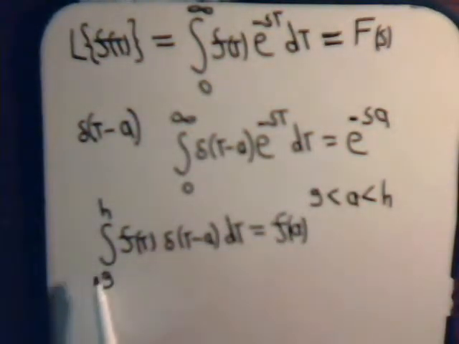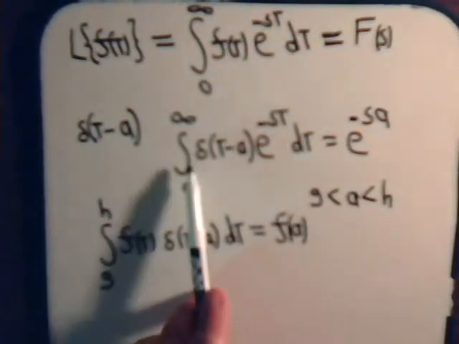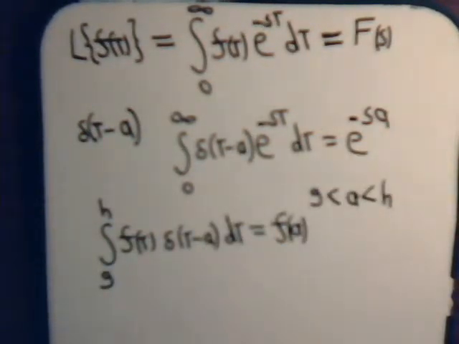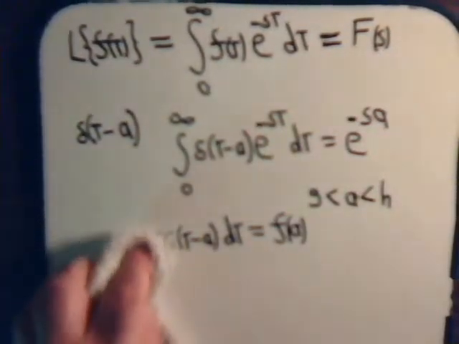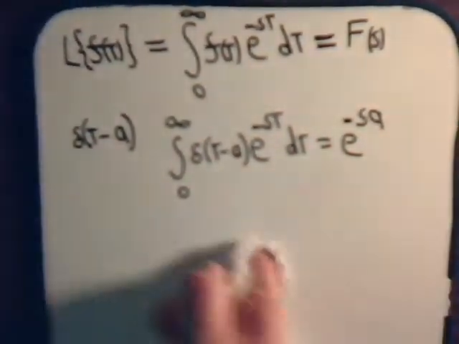So from this, then we get this. So the Laplace transform of the Dirac delta function is pretty straightforward once we realize this relationship, which we had established in the last video.